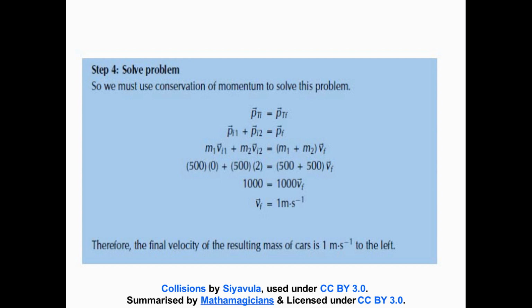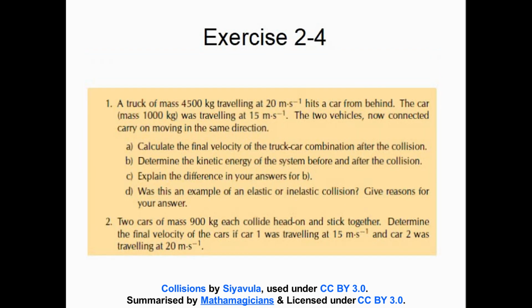Let's go have a look at how to do an exercise answering elastic, law of conservation and inelastic collision questions. Exercise 2.4. Question 1: a truck with a mass of 4,500 kilograms is traveling at 20 meters per second and hits a car from behind.